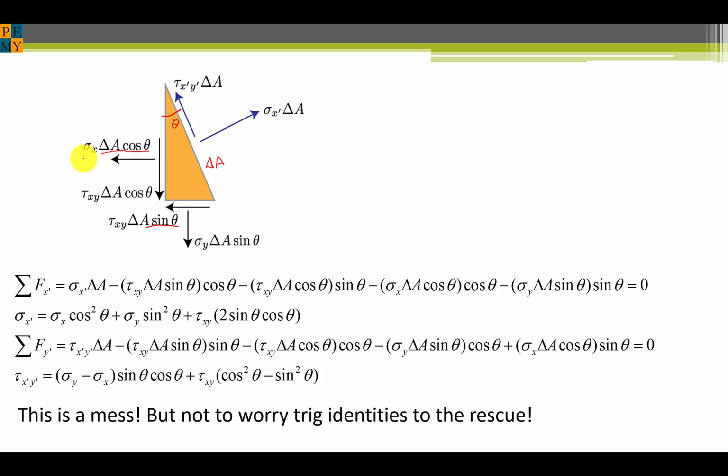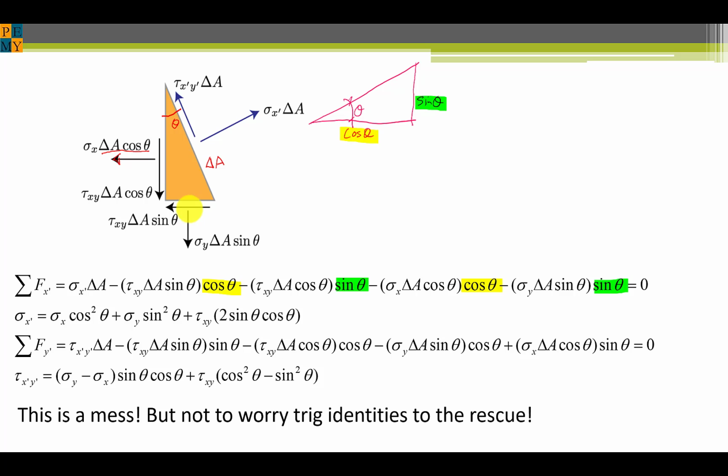Then if you multiply this by sigma x, the normal stress in the x direction, we have the force shown here by this arrow. We do the same thing for the shear stresses and the normal stresses on the other faces.